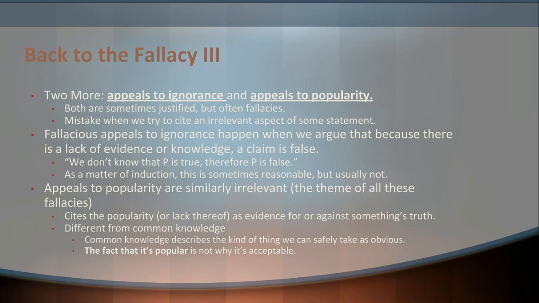A mistaken appeal to ignorance is whenever we start talking about how we don't know something, we don't have evidence for a particular claim, and therefore that claim is false. This is something that occasionally is well justified, but most of the time is actually a mistake.